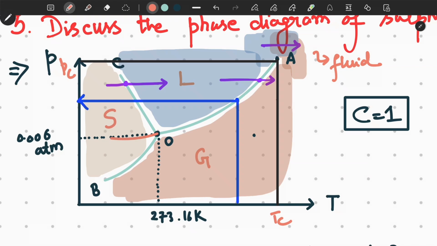Here the solid must be there, but if you cool very slowly, with only a small change, then the liquid will remain the same. It will be liquid because it will not understand that the temperature is already less than 0 degree centigrade. That's why it will be liquid, but it is called supercooled liquid because the temperature of the liquid is less than 0 degree centigrade.